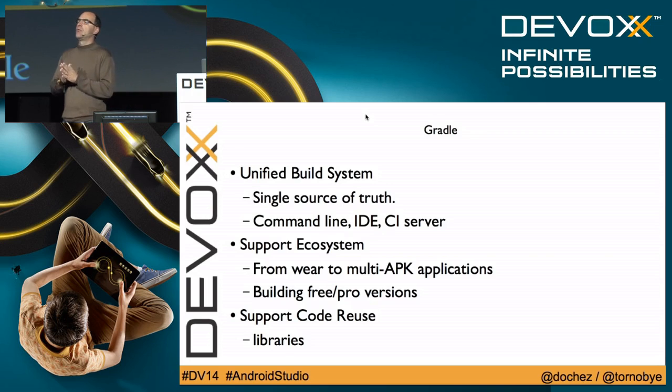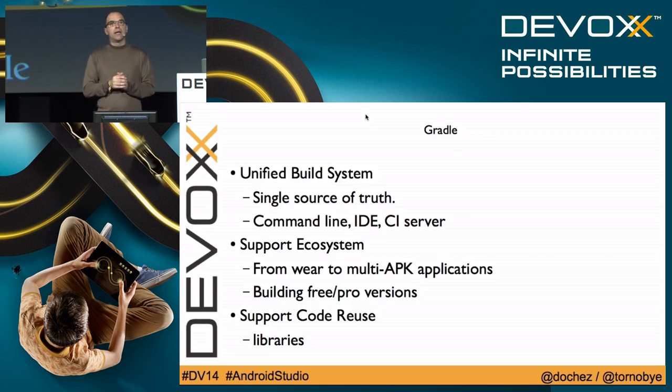We also wanted something that would support the Android ecosystem, so something that would allow us to build from a Wear application to multi-APK applications, very complicated applications that contain a lot of features. And so we wanted something very, very flexible that would also allow us to build different flavors of applications. Obviously, a free versus a pro is a well-known way of building the same application with a few different features. But we'll see that we actually provide features to go much deeper into customizing various versions.